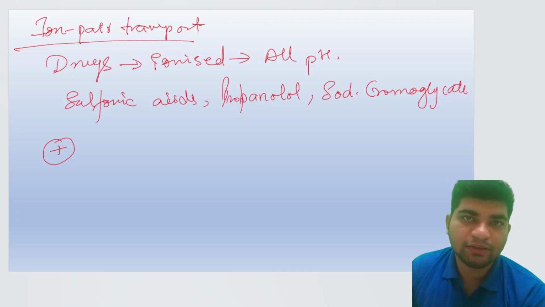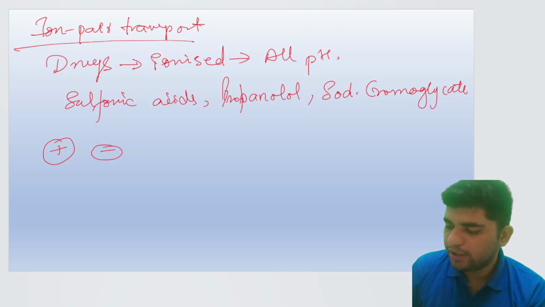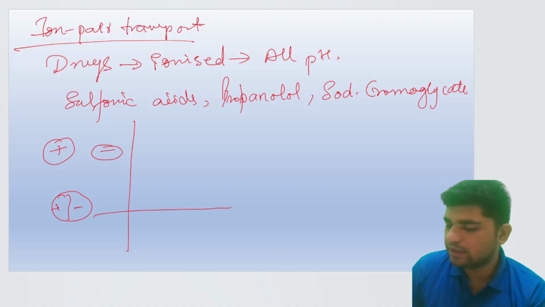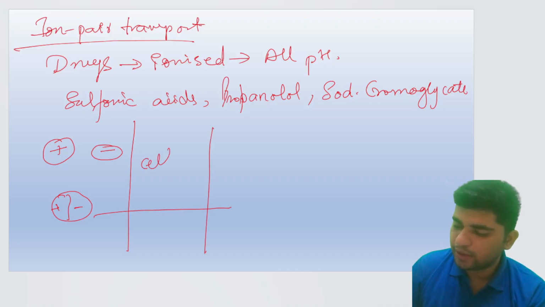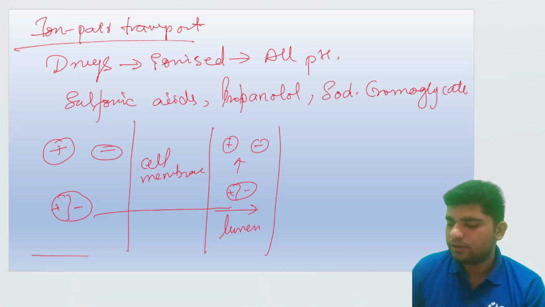There will be a pairing with an inert substance, forming a pair of positive and negative. This will be transported across the cell membrane to the lumen side, and it will dissociate again into the positive drug and the ion.